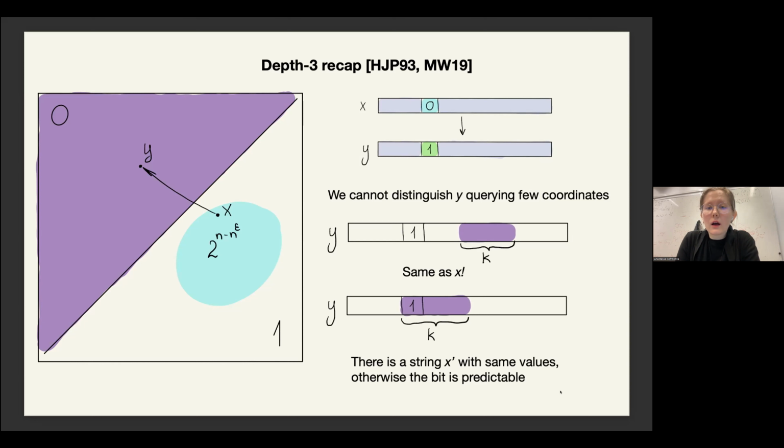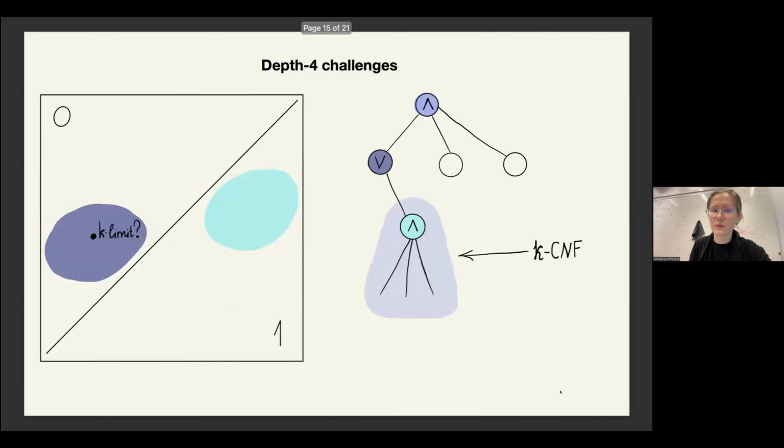Okay, so let's try to do depth-4 now. Now that we know something about k-limits and something about unpredictability and the general scheme for top-down. Very well. Now we have the depth-4 circuit.